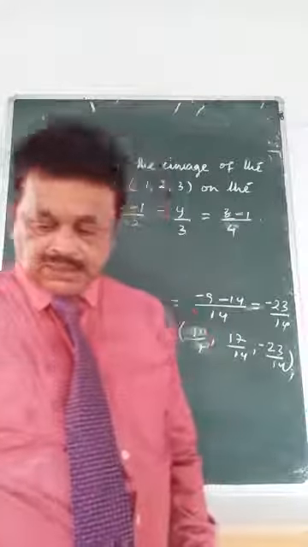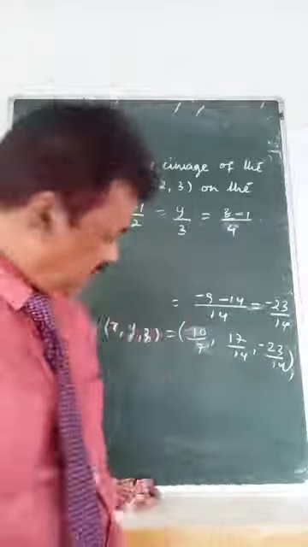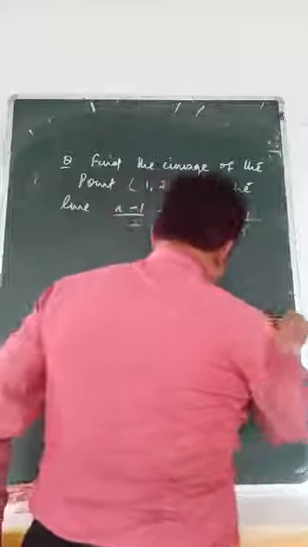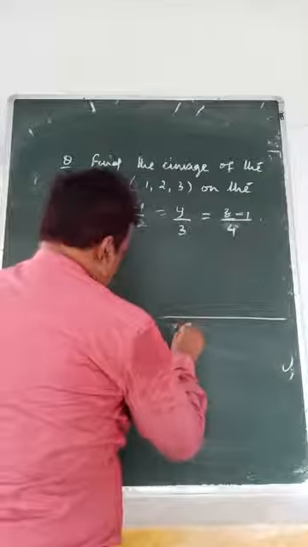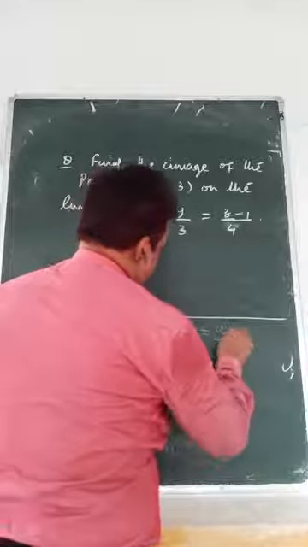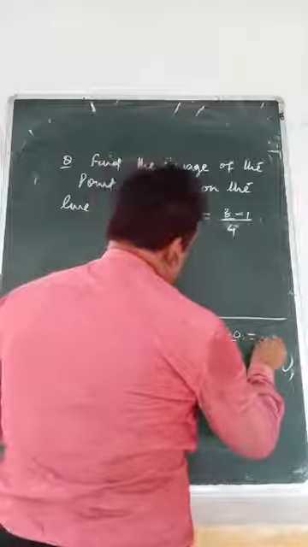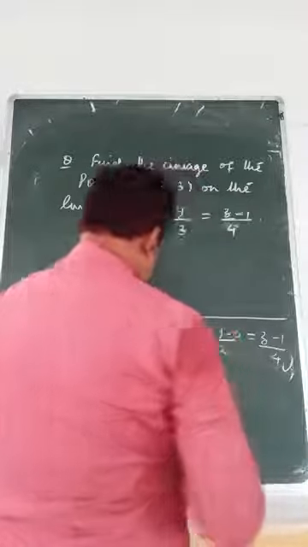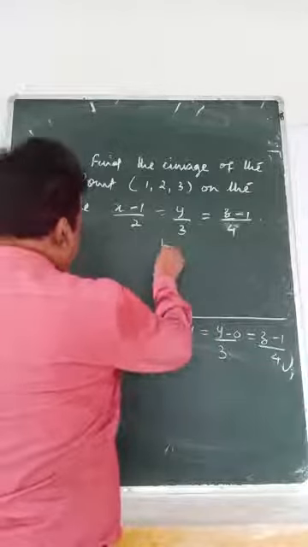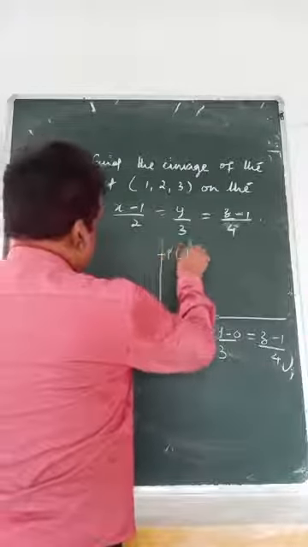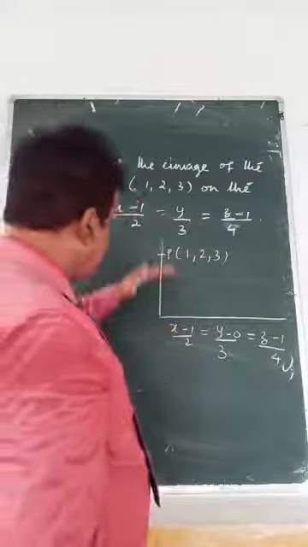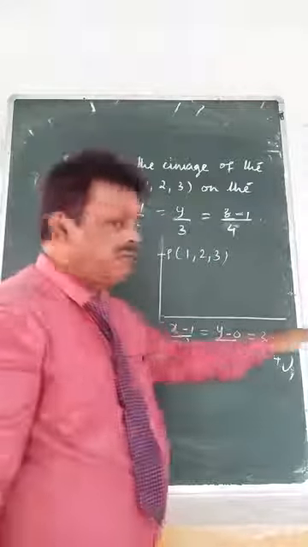Okay, what is an image? Try to understand. Image means there is a line here, this is your (x minus 1) by 2, y by 3, (y minus 0, you can write), (z minus 1) by 4. Okay, so there is a point here. This point is P, suppose (1, 2, 3). Image of the point on the line means this line will behave like a mirror.